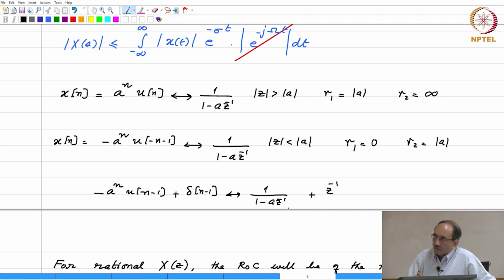Now you are introducing a pole at z equal to 0. Now in this case the region of convergence will be 0 less than mod z less than mod a. So there are examples where 0 may be present, 0 may not be present.